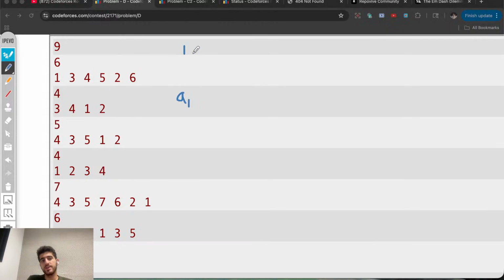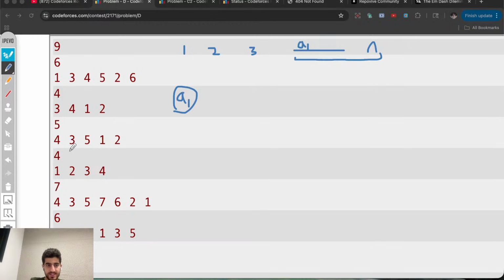Value 1, value 2, 3, up to N. If I have A1 here, I know that everything from A1 to N is going to be connected to each other, because A1 has an edge to all of them, right?